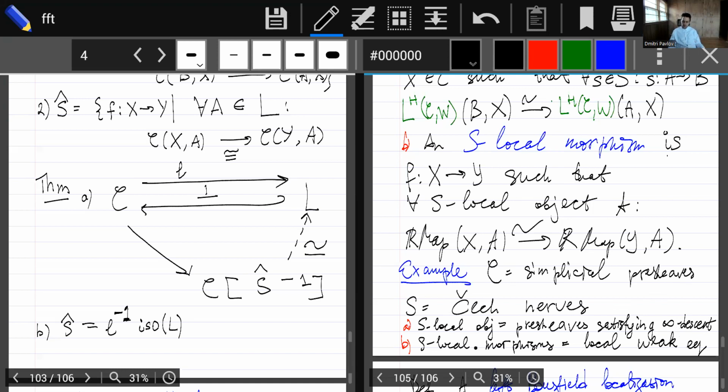And the S-local weak equivalences will be precisely the local weak equivalences in the sense of sheaves, which, depending on your site, can be described as stalkwise weak equivalences or something similar.